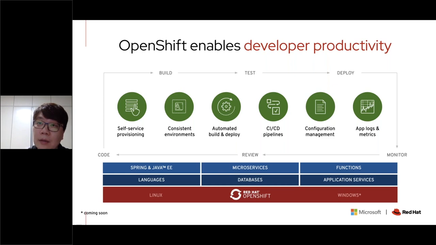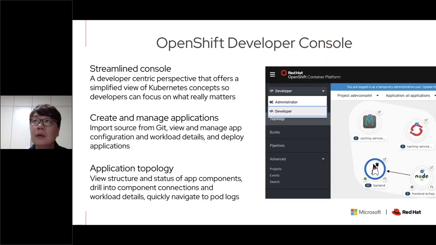Also, application logs and metrics are provided and integrated into OpenShift monitoring and log management, which is Prometheus in OpenShift 4.3 and the Elasticsearch-based EFK stack to aggregate the logging of the application. And OpenShift also provides a streamlined developer console.